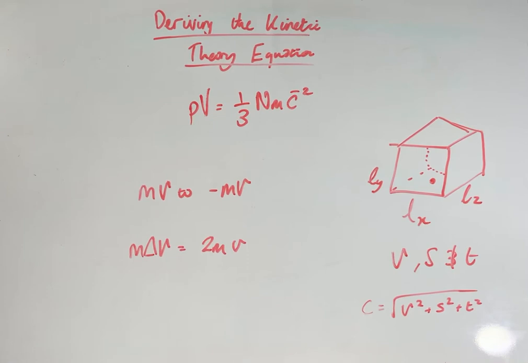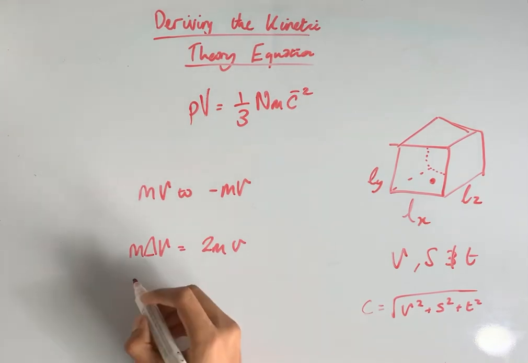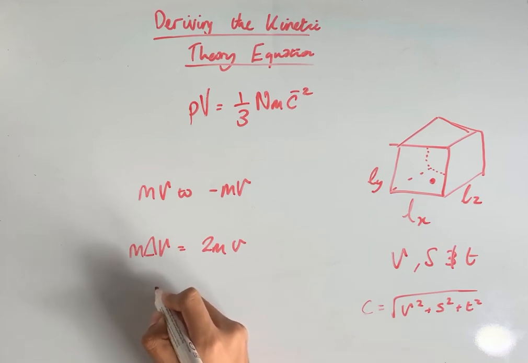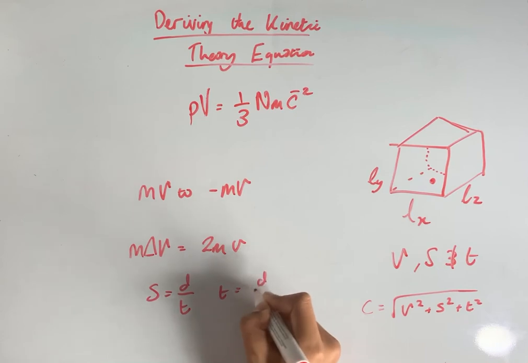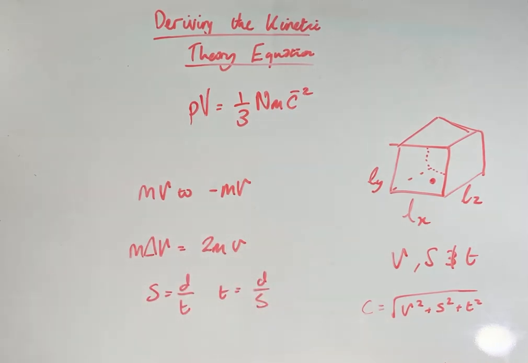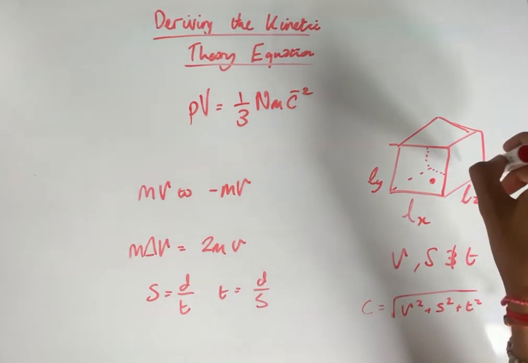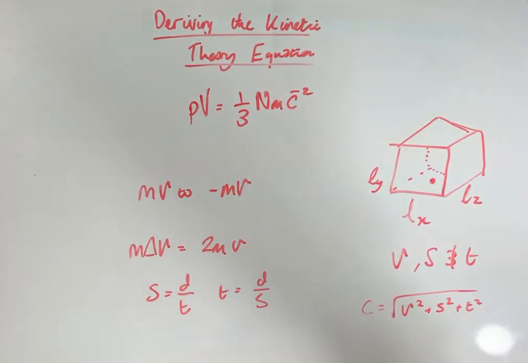Now, the time between successive impacts is given by, because if you think about it, the particle is moving between the faces. It's travelling at a certain speed, it's travelling a certain distance, therefore the time between it reaching each face would just be given by a simple speed equals distance over time equation.